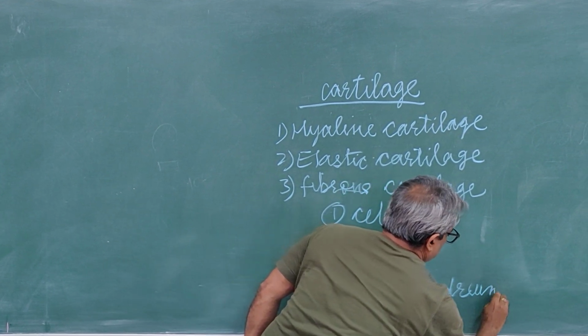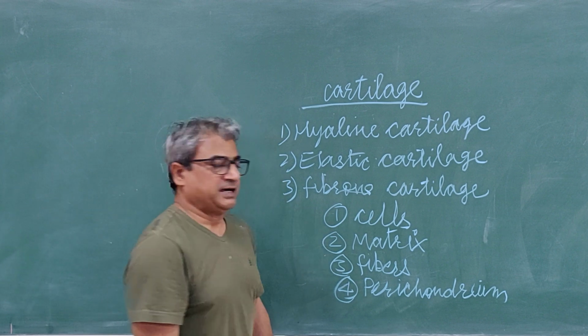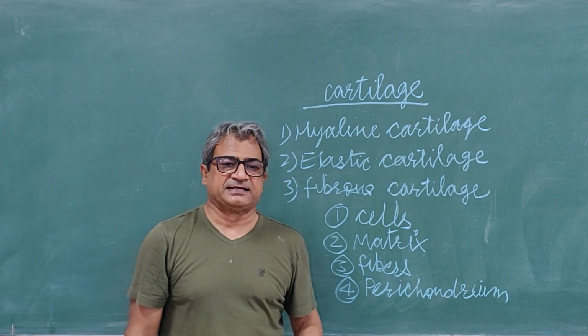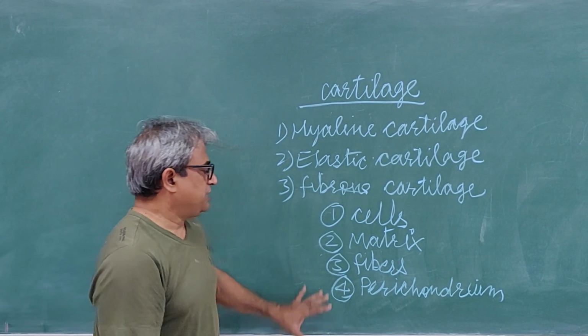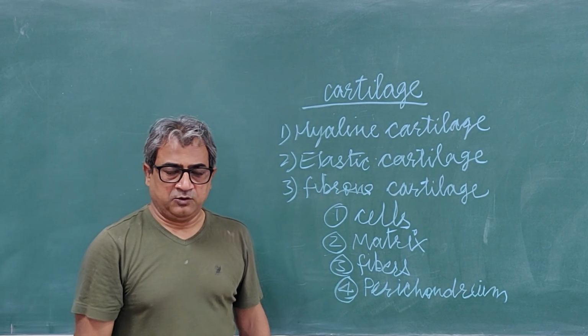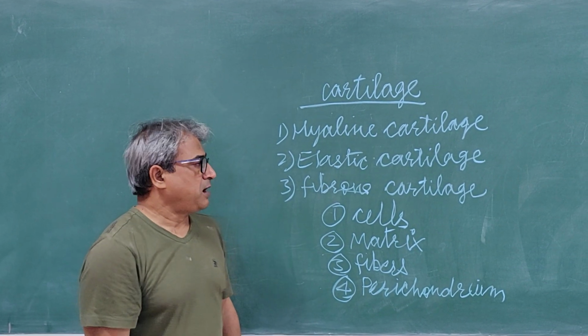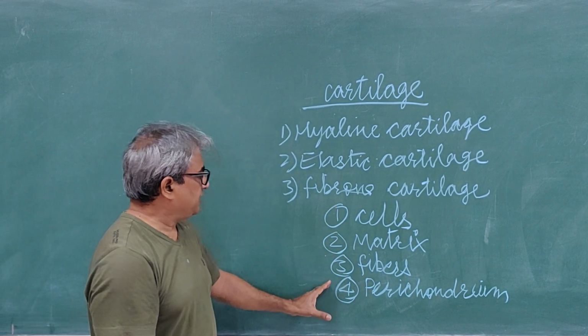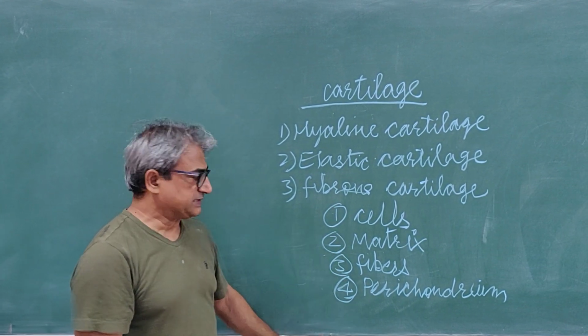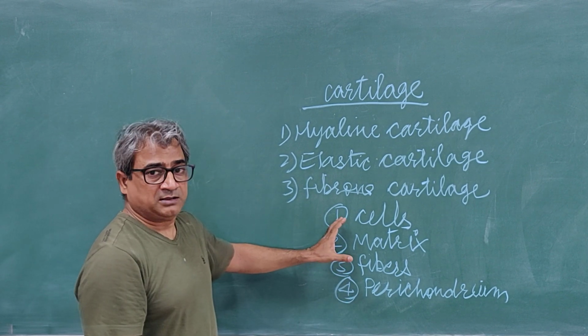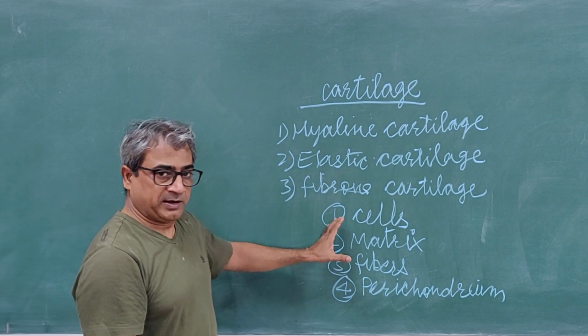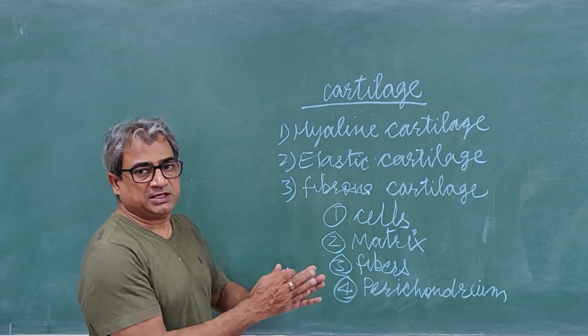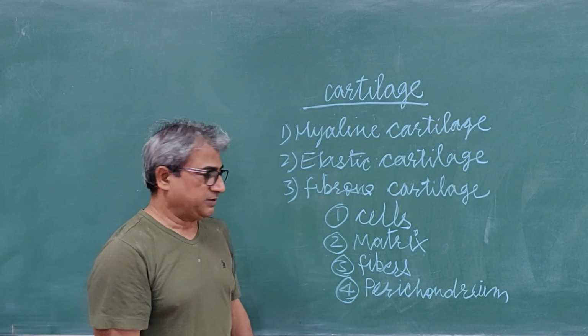Perichondrium is present in certain cartilages and is absent in certain other cartilages. So depending upon this, we will further discuss how we can differentiate these structures. Let's first take these properties of the typical cartilage one by one, and then we'll see how we can differentiate all the three kinds of cartilages.